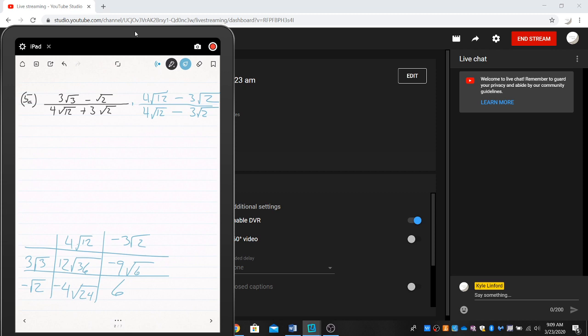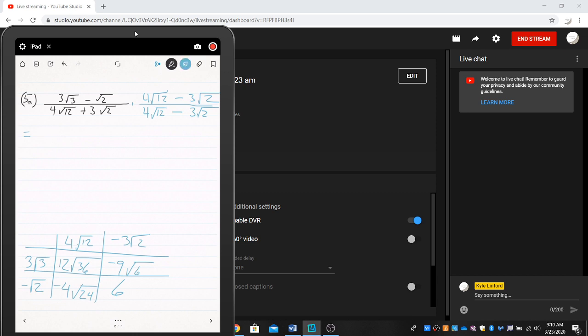So let's go ahead and plug that in. Let's try to copy all this down. 12 root 36. And you know what? Let's just start simplifying this. Why write the square root of 36? That's just 6. So 12 times 6.